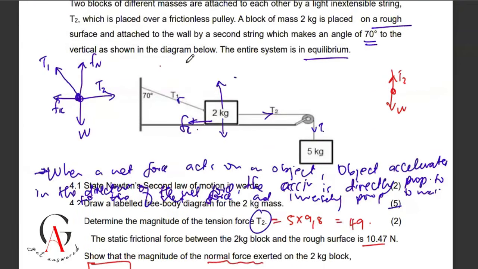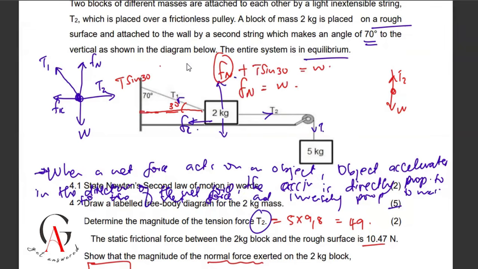Even with this question, since we have a force at an angle, if we resolve this, we're going to have a T sine 30 moving upwards, meaning that our normal force plus the T sine of 30 must give us the weight. The question wants us to show the normal force, so our normal force is going to be the weight minus the T1 sine of 30.